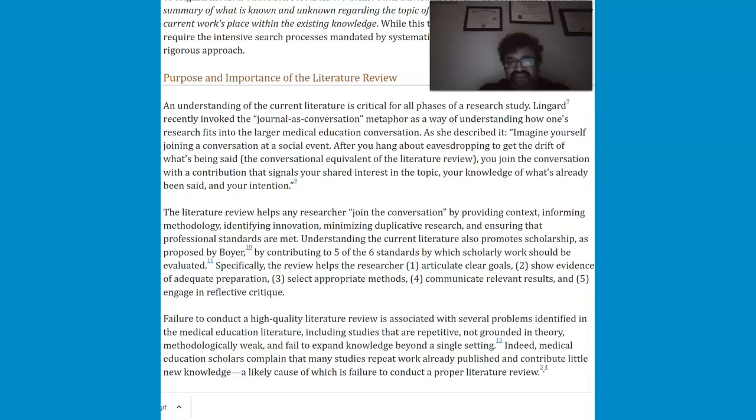One way to think about it is, imagine yourself joining a conversation at a social event after you hang about eavesdropping to get the drift of what's being said. The conversational equivalent of the literature review. So that's compared to eavesdropping in this example.